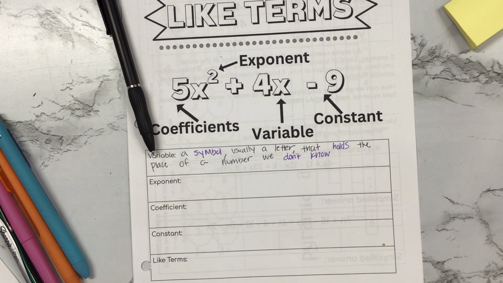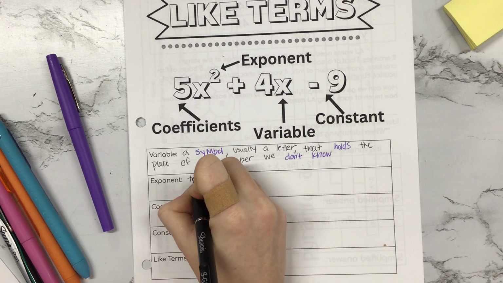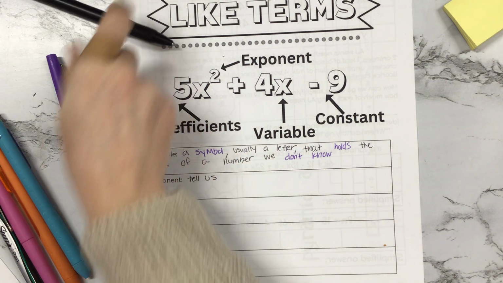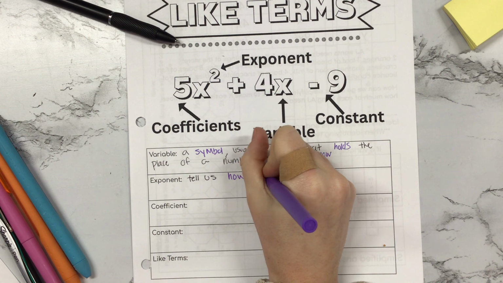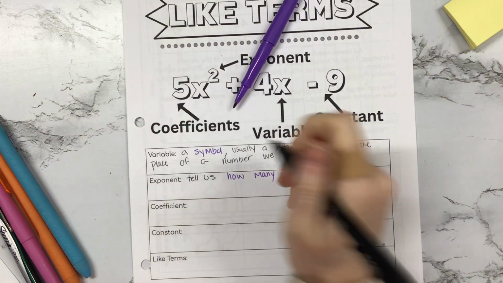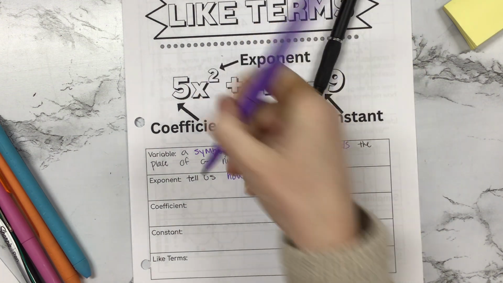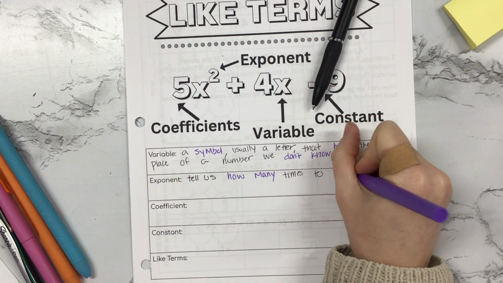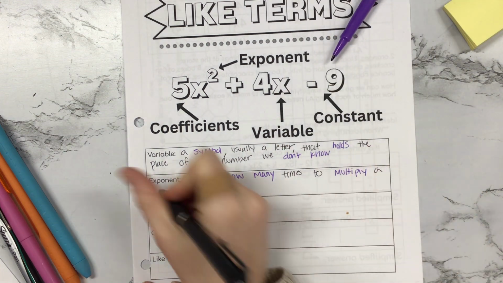So then an exponent tells us how many times to multiply a number by itself.